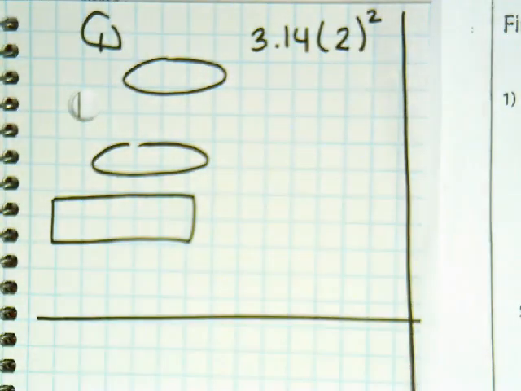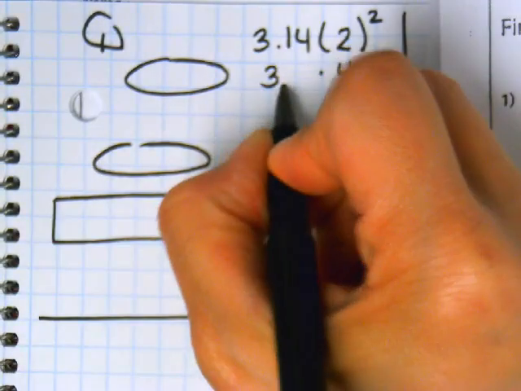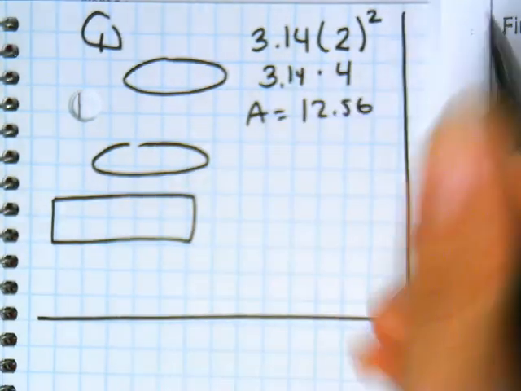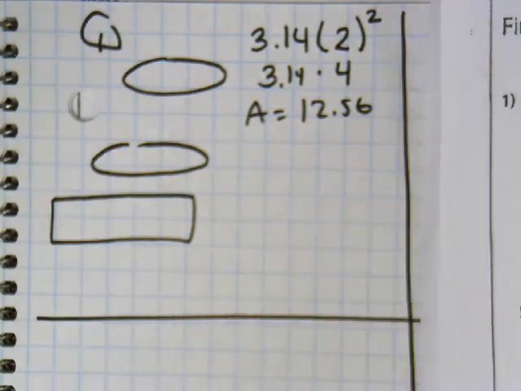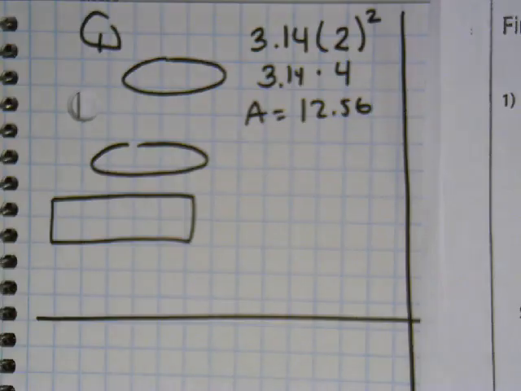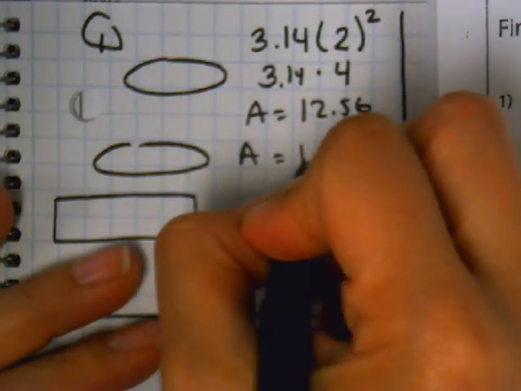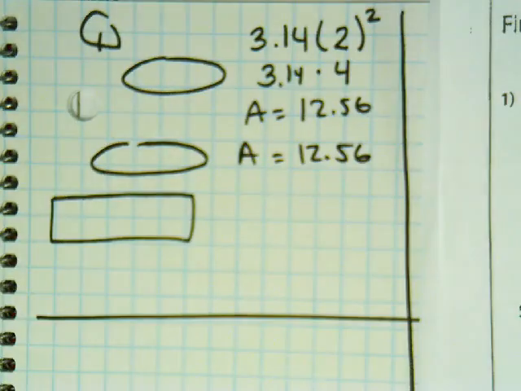What's 2 squared? 4 times 3.14. So the area of the circle is 12.56, just like we did back in the day. That's the easy part, honestly. So if one circle is 12.56, then the second one is 12.56. Are we okay?